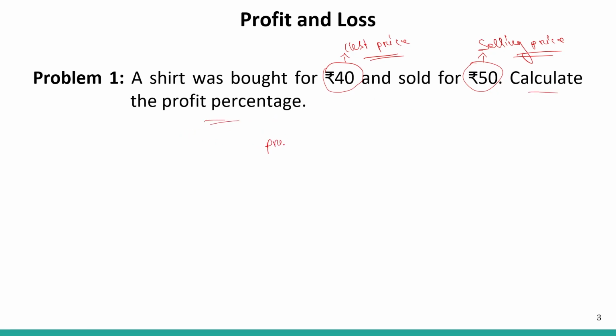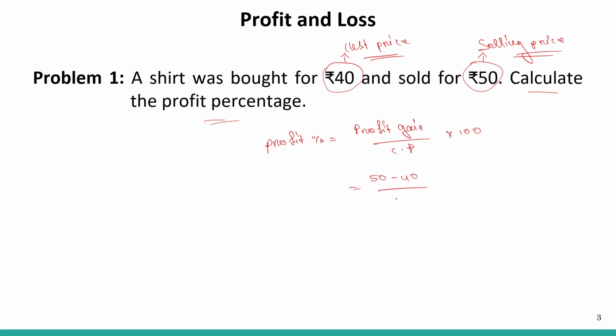Profit percentage is equal to profit gain by cost price into 100. How much profit was gained? Selling price, 50, minus cost price, 40, is the profit gain, whole by cost price, CP.